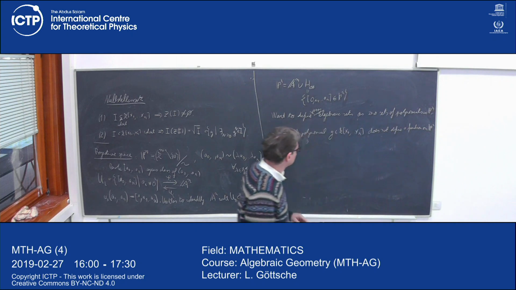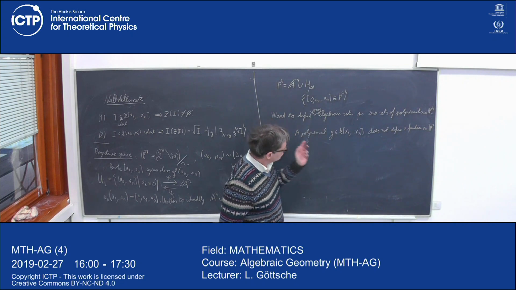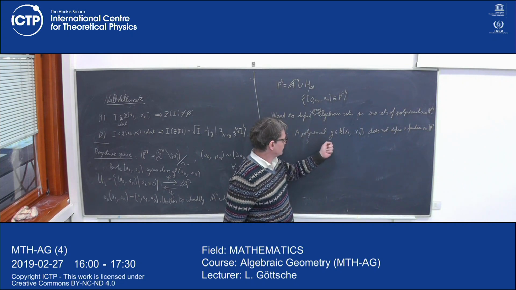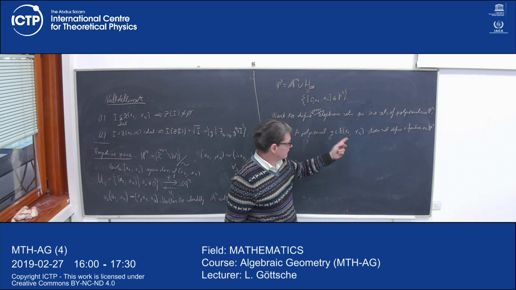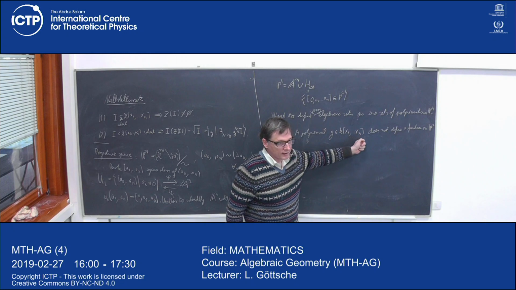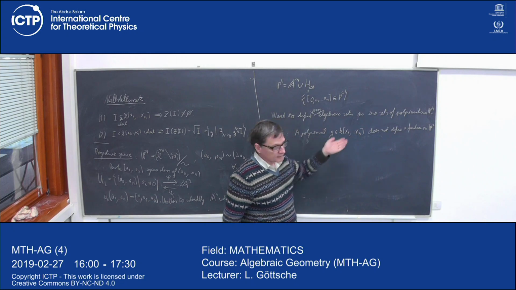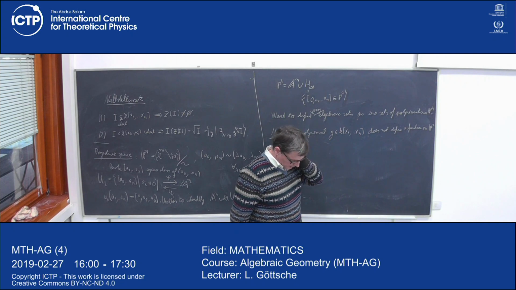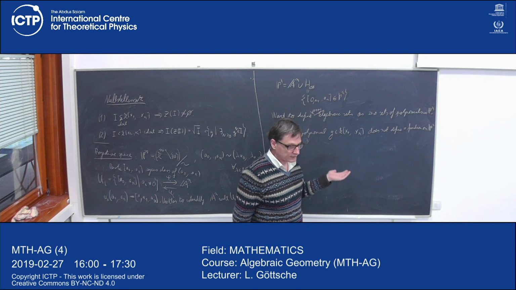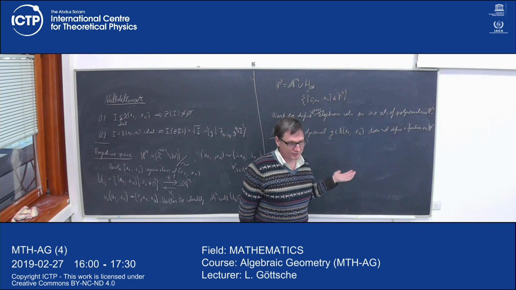How would you want to define this? You put the coordinates of the point P in Pn into this polynomial and evaluate it. But the points in projective space are equivalence classes, and if you take another representative of the class, you get another result. So they are not functions.